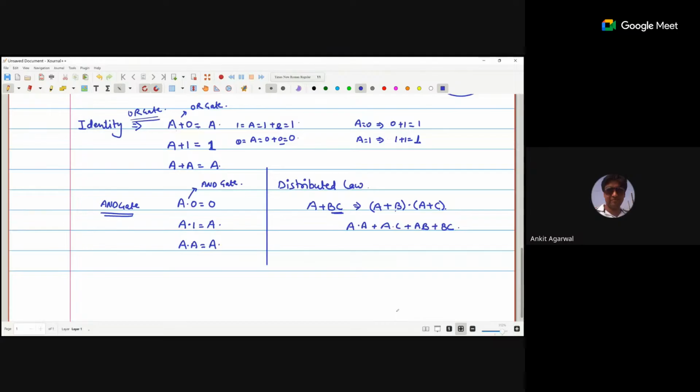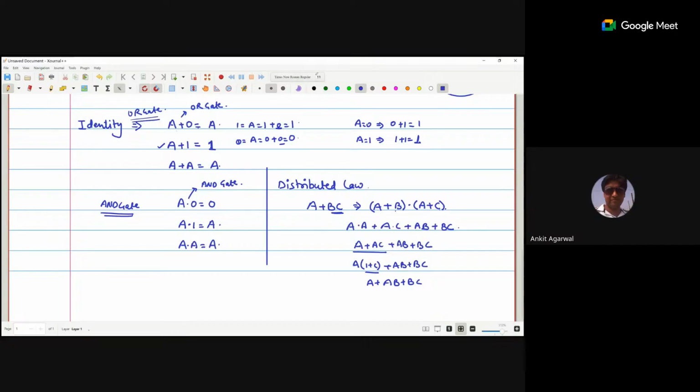Now we use this identity, A dot A is A, plus AC plus AB plus BC. Now from these we take A as common, so 1 plus C plus AB plus BC. 1 plus C is 1, so it remains A plus AB plus BC.